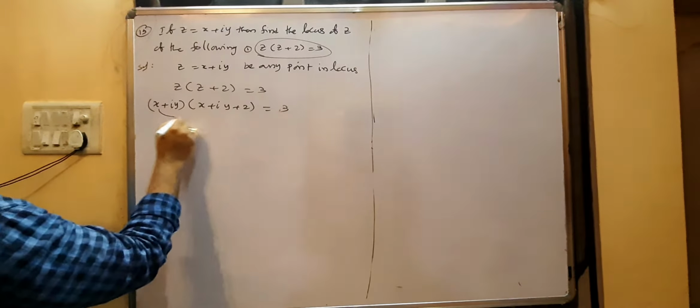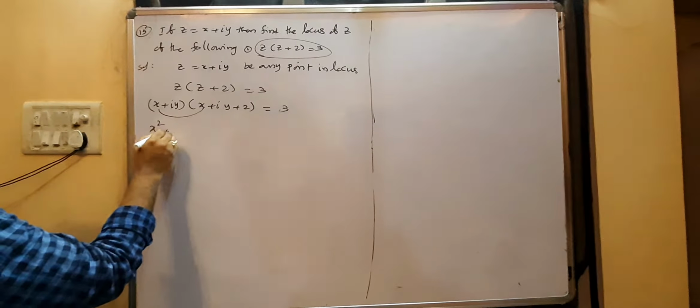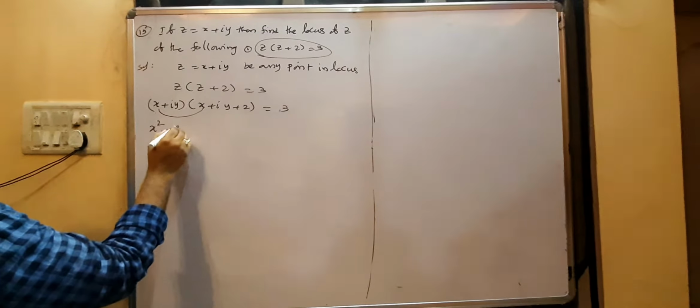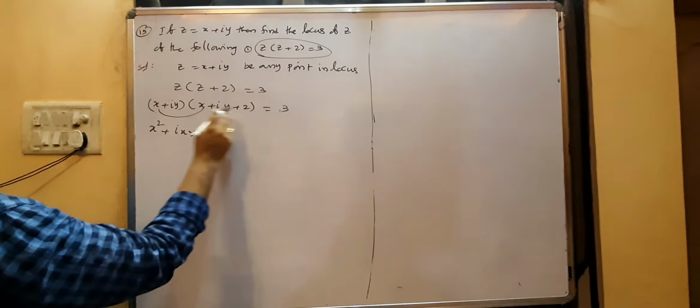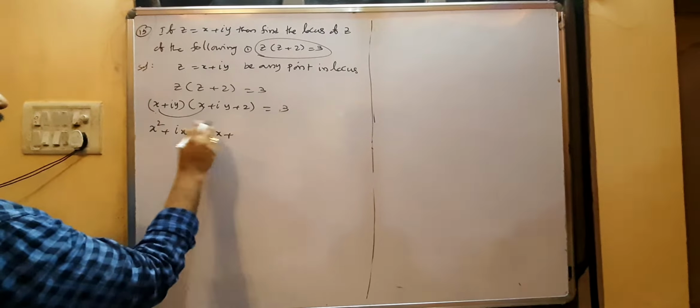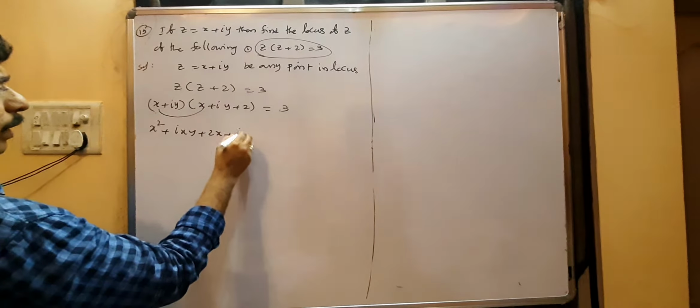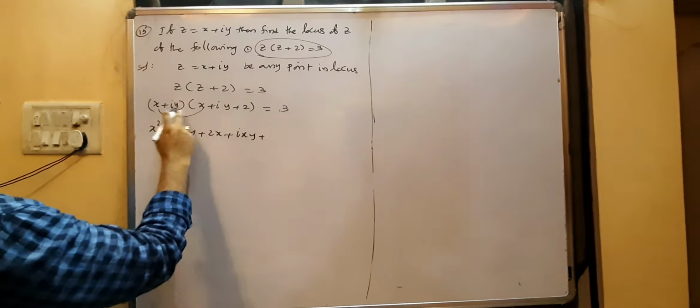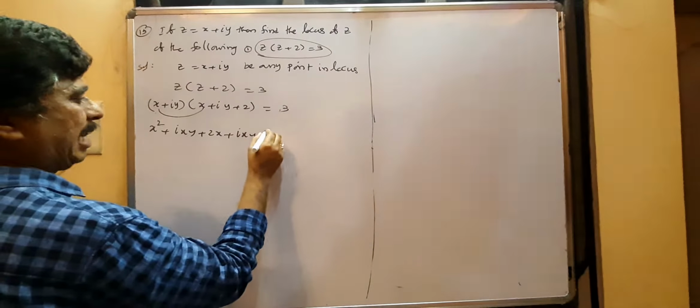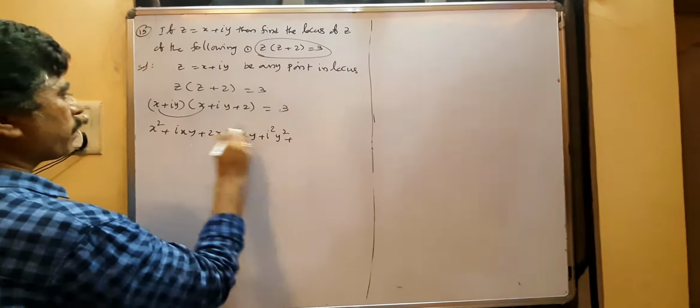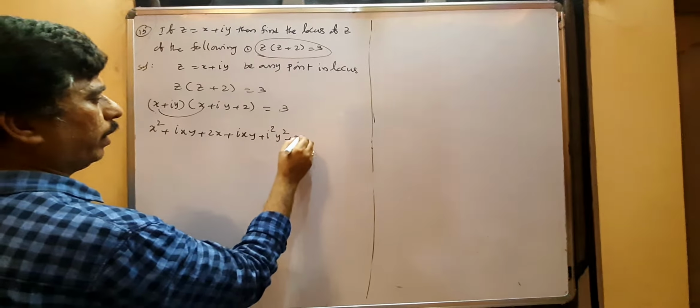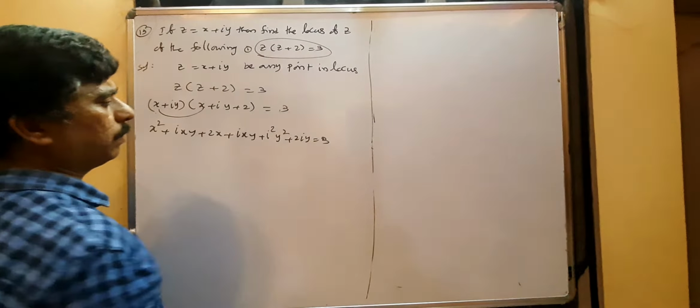Multiply: x into x, x square, plus x into iy, ixy, plus x into 2, 2x, iy into x, ixy, i into i square, y square, plus iy into 2, 2iy is 3.